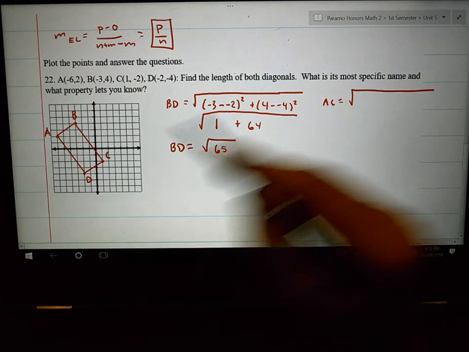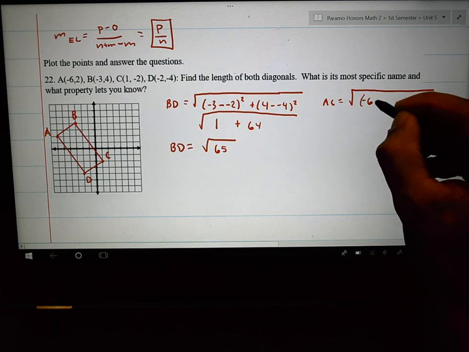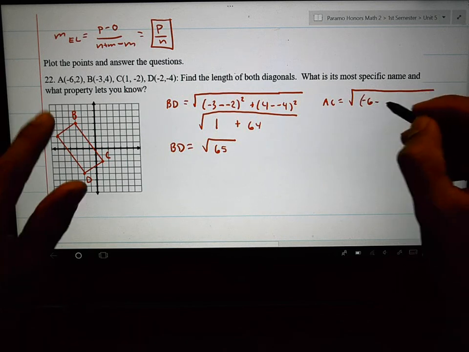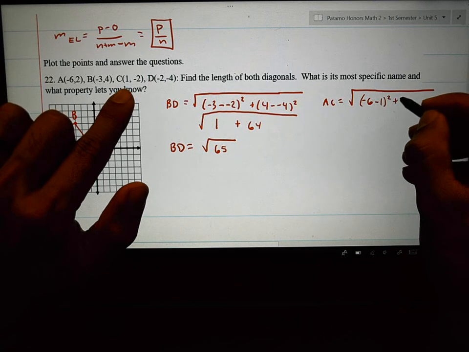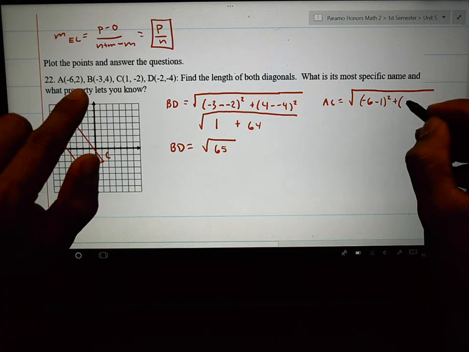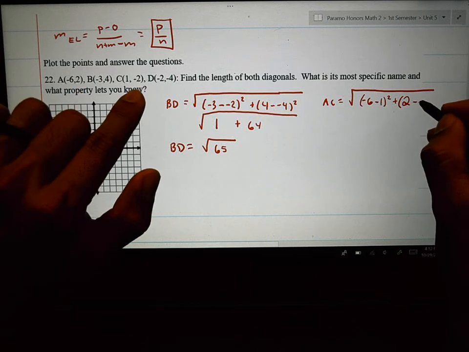So I'm going to just do x2 minus x1 for AC, squared, plus y2 minus y1, minus a negative.